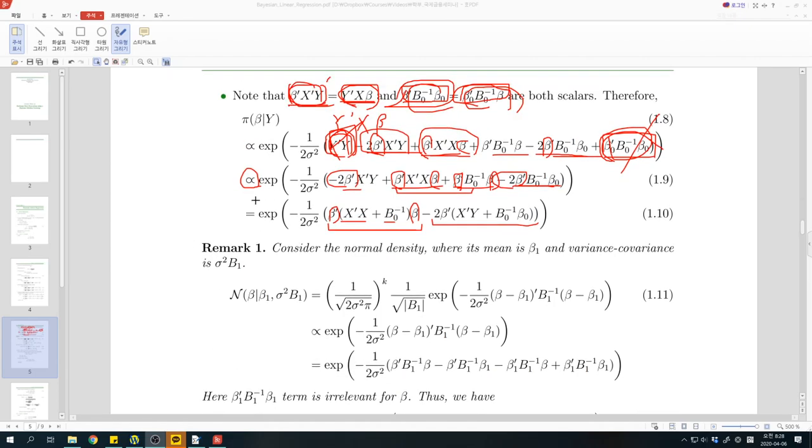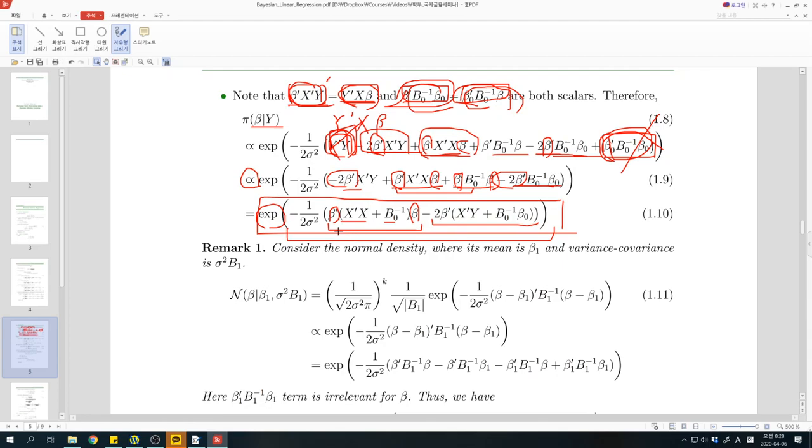Okay, let's take a look at this kernel for the posterior density of beta. Let's take a look at this exponential function. What do you see from this exponential function? You see an exponential function, right? And in the exponent, what do you see?